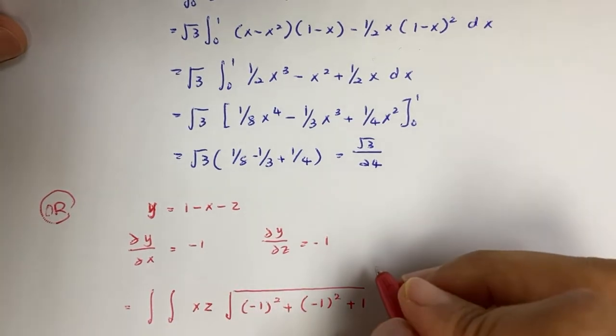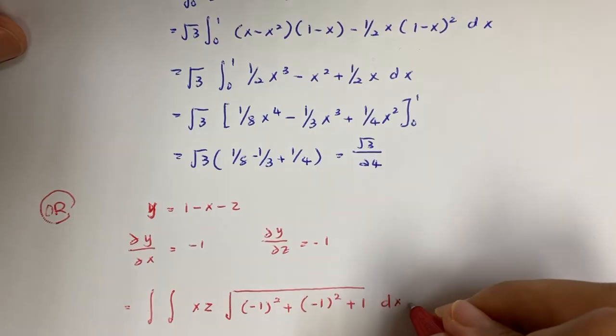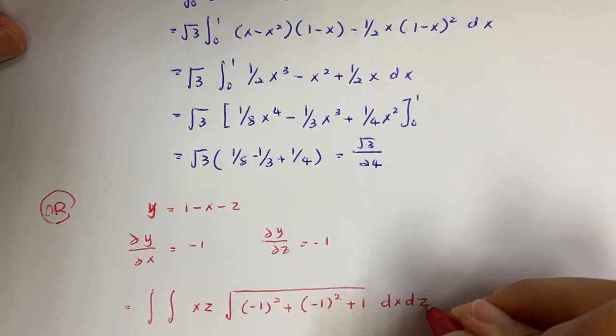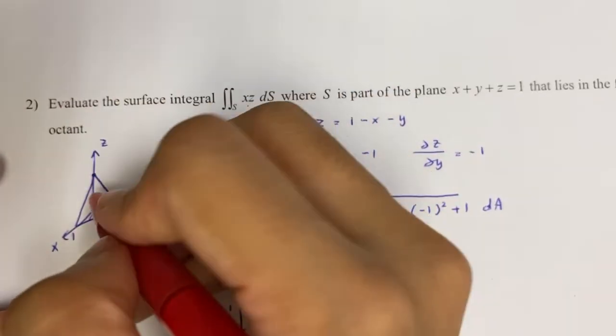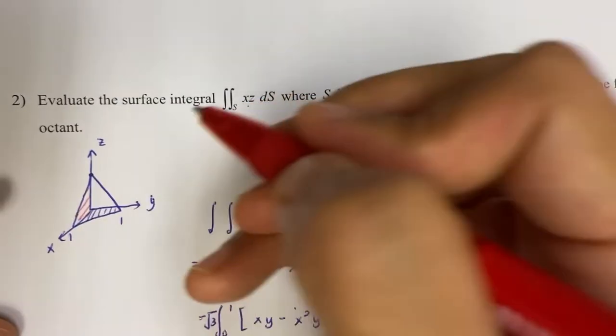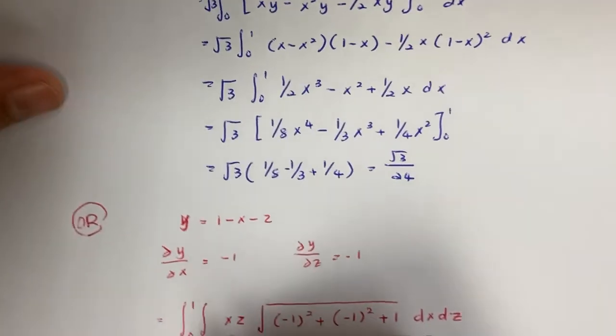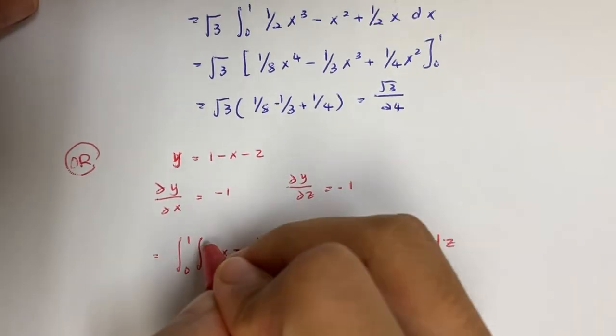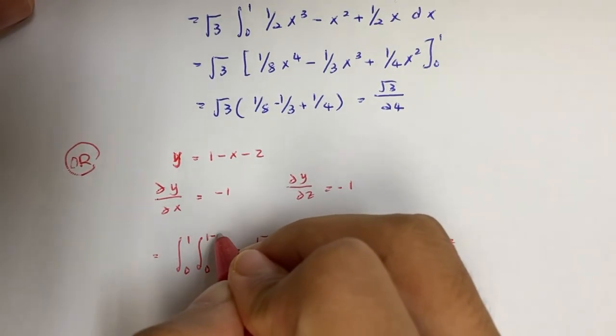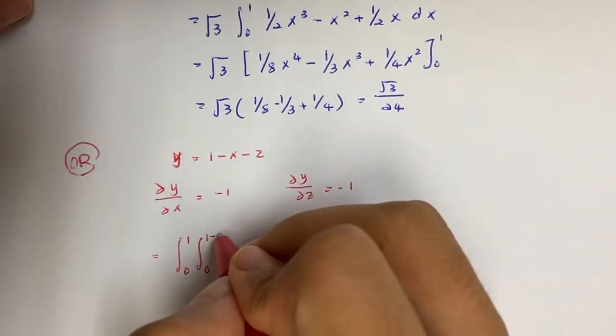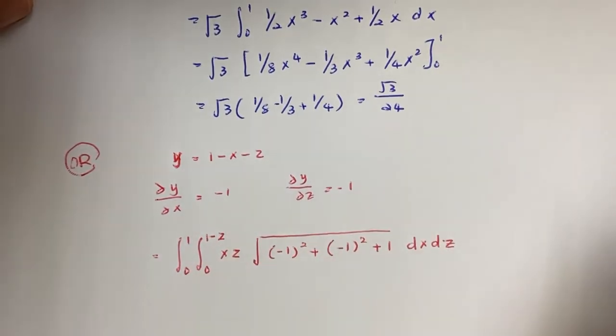And then do the integration with respect to x and z, dx dz. So for x and z, the z limit is from 0 to 1 and, sorry, the x limit is from 0 to 1 minus z.